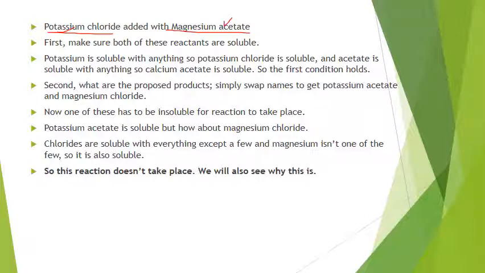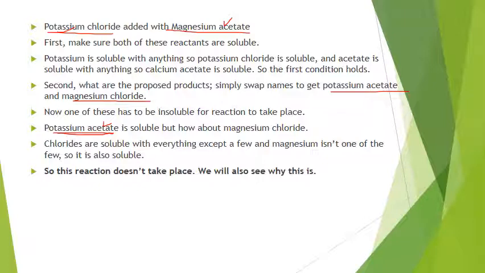How about your products? Well, your products are going to be potassium acetate and magnesium chloride. One of these guys has to be insoluble. So if you look at the chart, you'll see that potassium acetate is soluble.